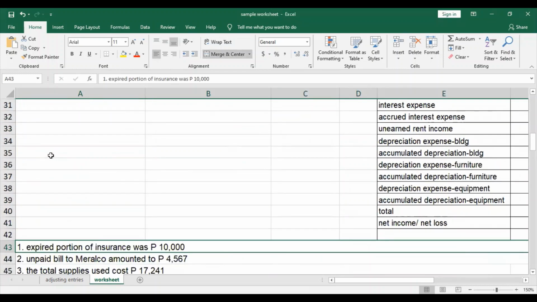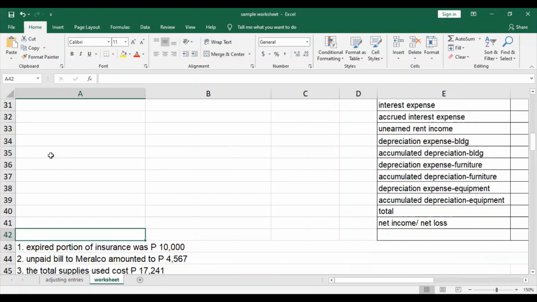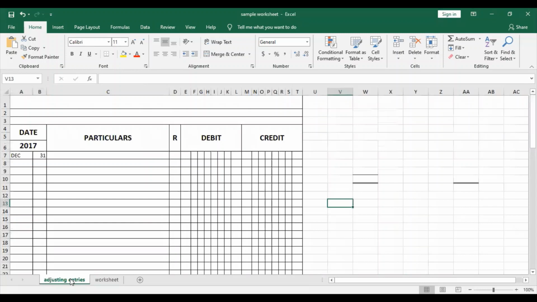And then, according to the expired, since na-expired na yung 10,000 ng insurance mo na 36,000, ibig sabihin, hindi na siya 36,000. Nabawasan siya ng 10,000. Prepaid insurance is an asset account. Every time asset decreases, it is written on the credit side.